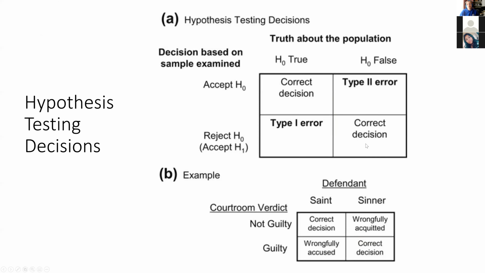Or you can make a type 2 error, and in this case, you're going to accept the null hypothesis when it's not true. And this is going to be a type 2 error. In the case of a guilty person, the person's guilty, but you've said, oh, no, they're not guilty. And now they're going to be wrongfully acquitted and they're going to get away with the crime.